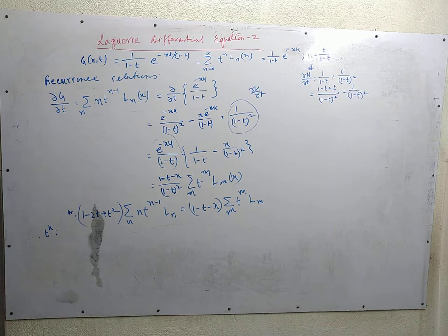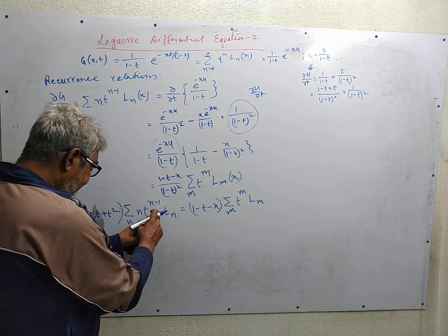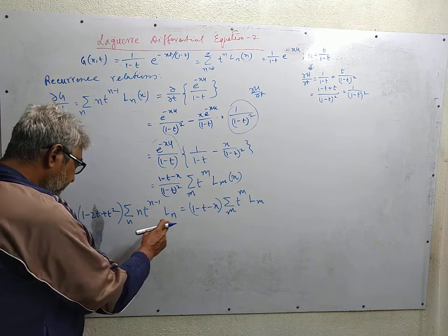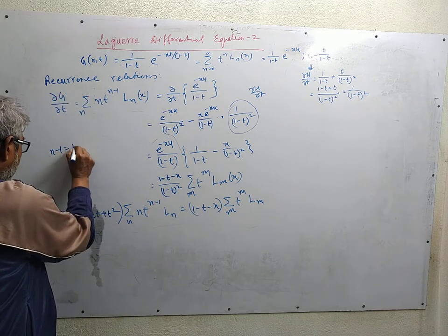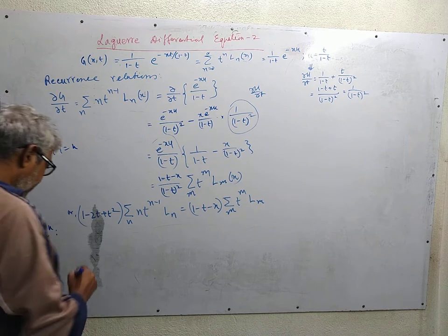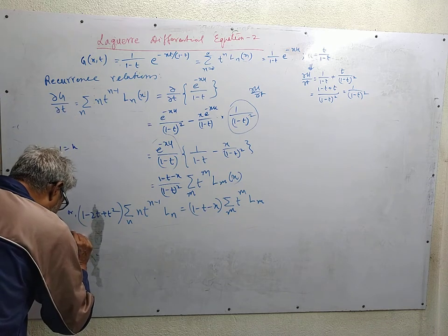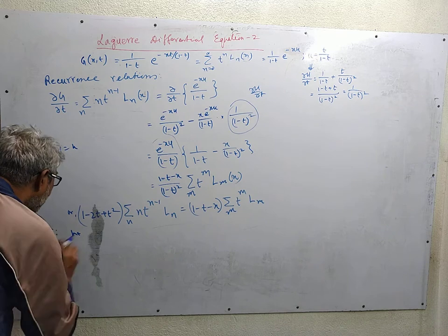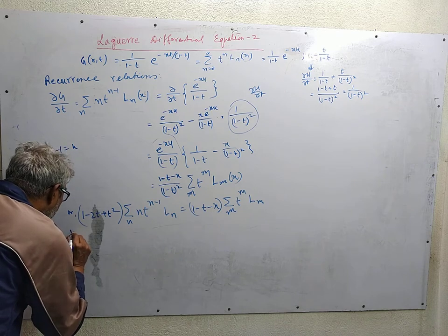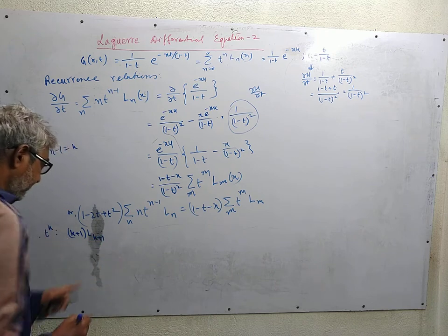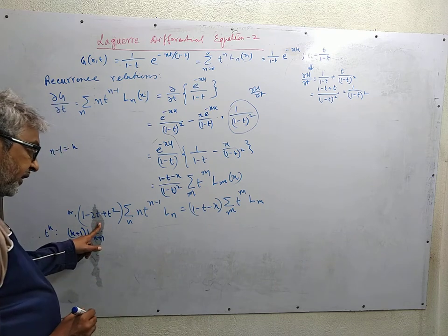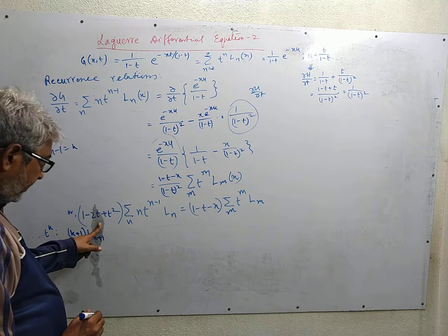I hope the part of the screen is readable. This part contributes to t to the power k when n minus 1 is equal to k, that is n is equal to k plus 1. So this is k plus 1 L of k plus 1. Second term contributes when n is equal to k.